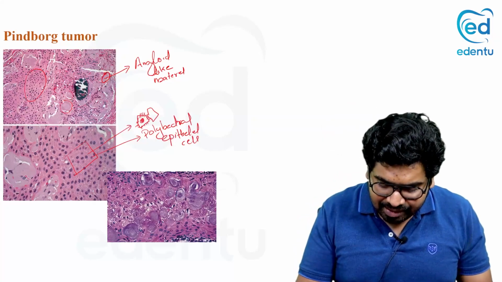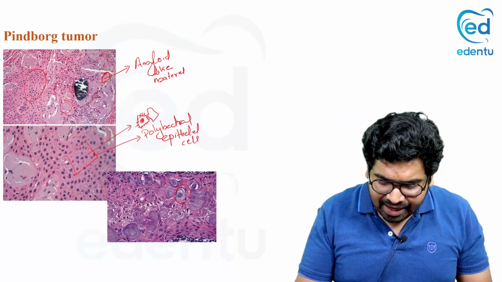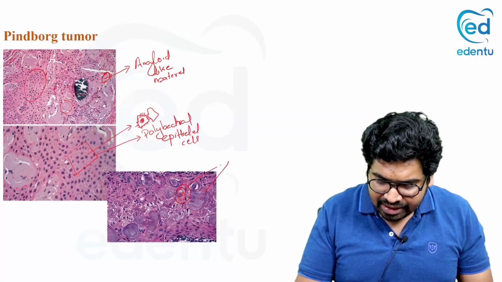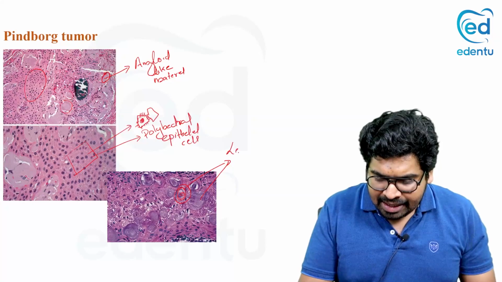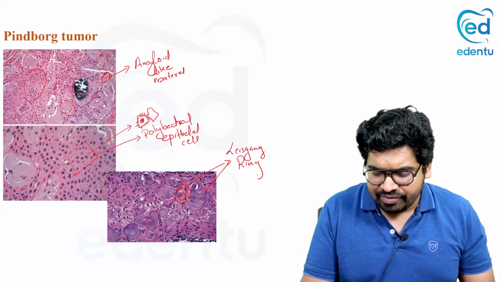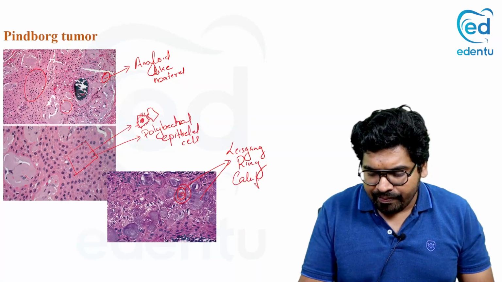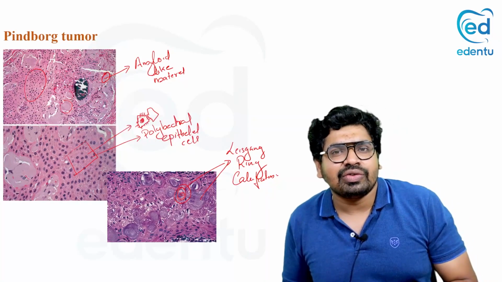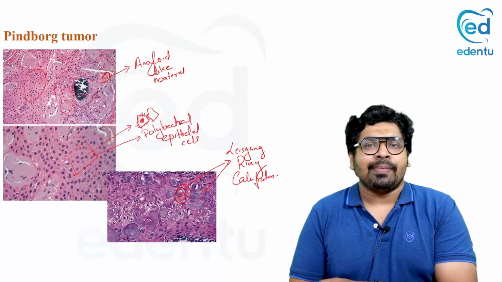And you can see in this image they get calcified, and you can see ring-like calcification. Can you see all these? They are called Liesegang ring calcifications. So these are the features you see in your Pindborg tumor.